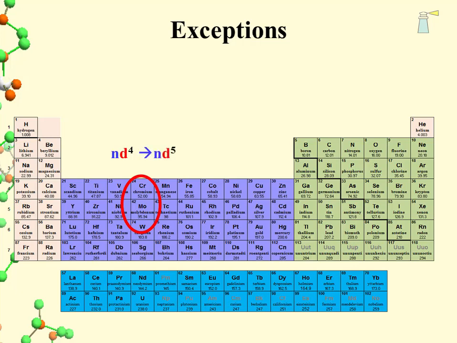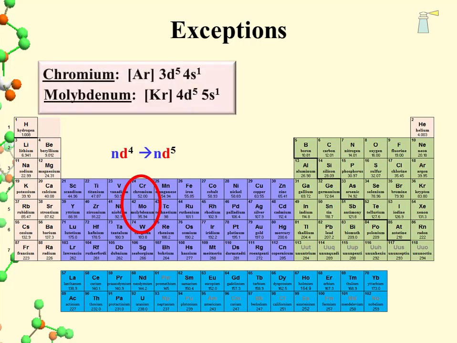Promotion of an electron from the preceding s orbital has nd4 becoming nd5. That is, each of the 5 d orbitals having 1 electron, half-filled. For example, 3d4 or 4d4, which is chromium and molybdenum. In both cases, a lower energy s orbital electron has been promoted to a d orbital, yielding a d5.